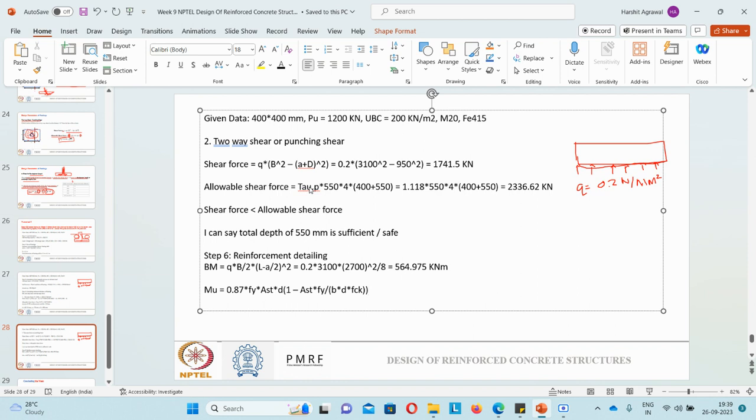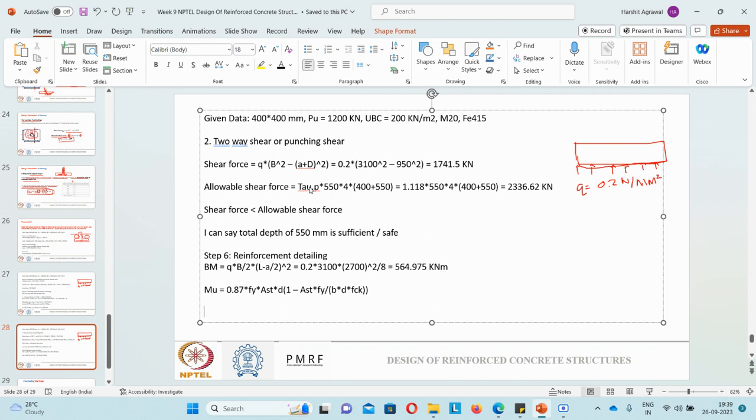So you know all the values: you know Mu, 564.96, you know Fy, we know D, and we know B also. Substituting all the values, we'll get the Ast.